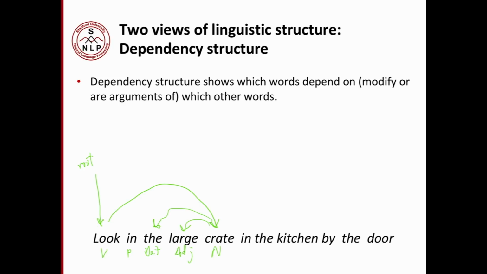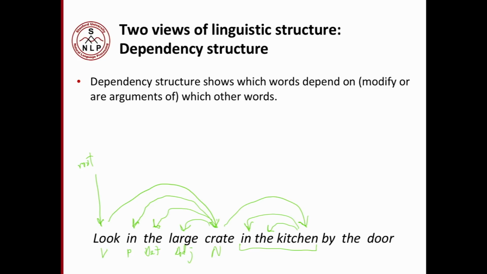In the system of dependencies I'm going to show you, we've got "in" as a kind of modifier of crate in "in the large crate." I could come back to that. But this crate has its own modification, because it's a crate in the kitchen. So we have "in the kitchen" as a modifier of crate, and these are dependents of crate.